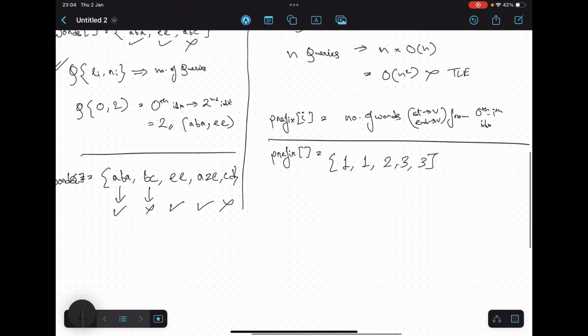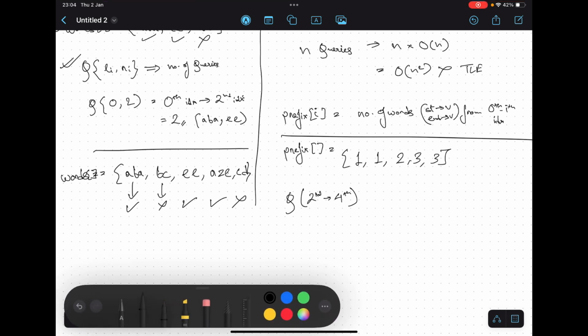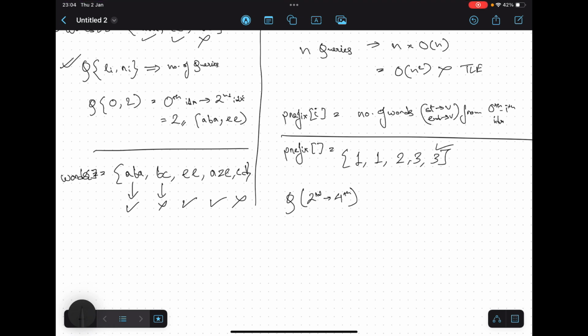So now if our query is from, let's say, the second index to the fourth index, the fourth index would be the last element, and the second index would be this.